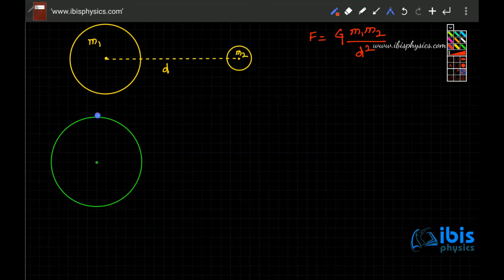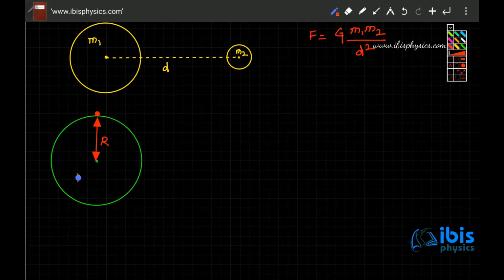Compared to the radius, the size of any object that you consider on Earth is negligible. Even though the object is touching, the distance from the object to the center of the Earth or center of any planet will be equal to the radius of the planet. So this distance is equal to the radius.